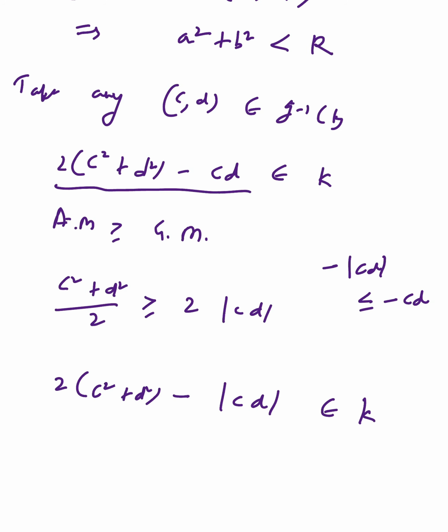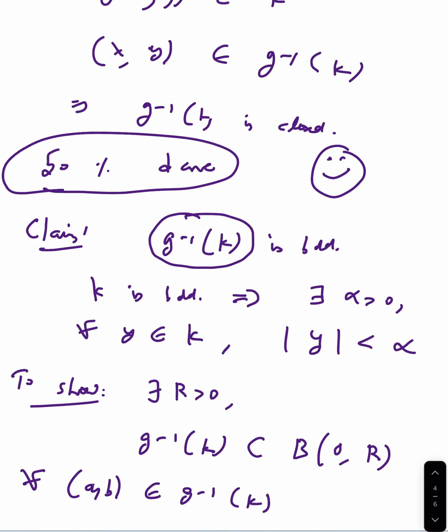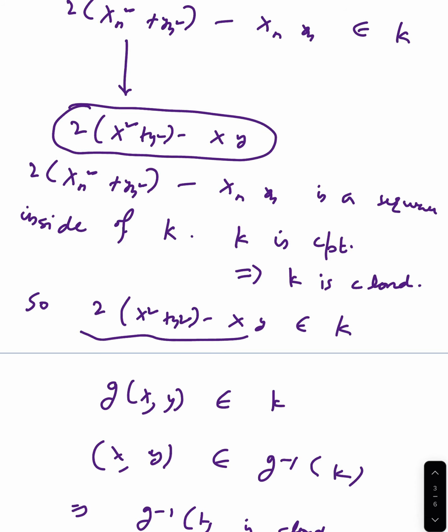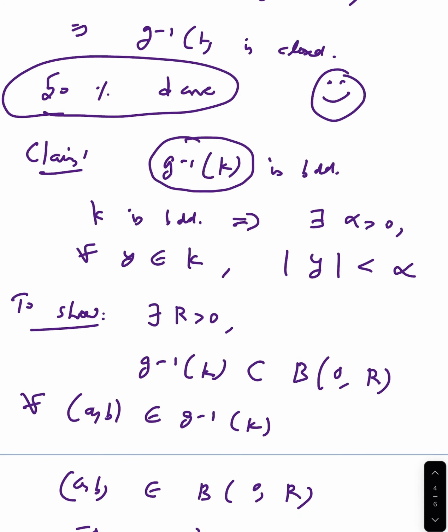and oh wait, I made some mistake here. So since this is inside K, we can say that this is less than alpha, right? Because K is bounded. K is bounded, so there exists an alpha.